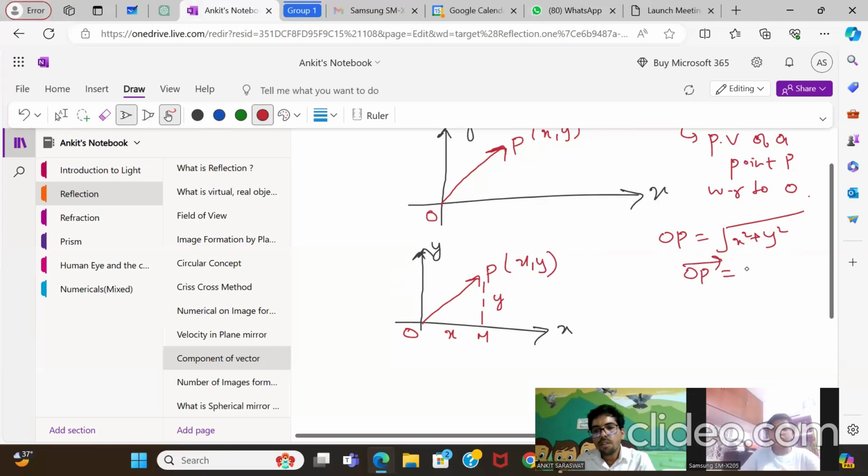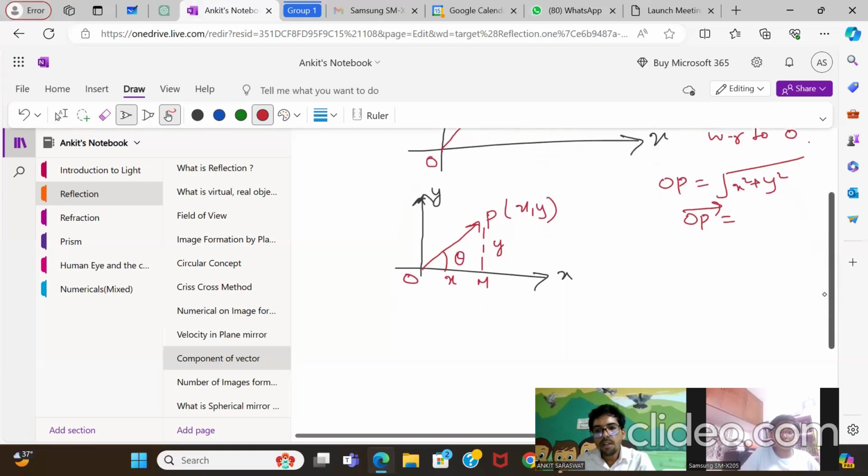Now see, this OP is making some angle theta with the x-axis. Clear? So in triangle OPM, can you tell me how much is this OM? I'm asking, for example, this is a triangle OPM and this is theta.